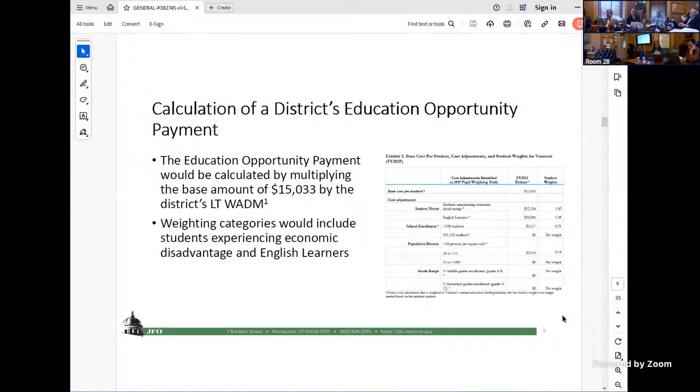And are you in a position to help us understand a little bit more about the weights on this page? Yeah, of course. What does that actually translate to? In terms of dollars, well, looking at students experiencing economic disadvantage, it just goes up a little bit.